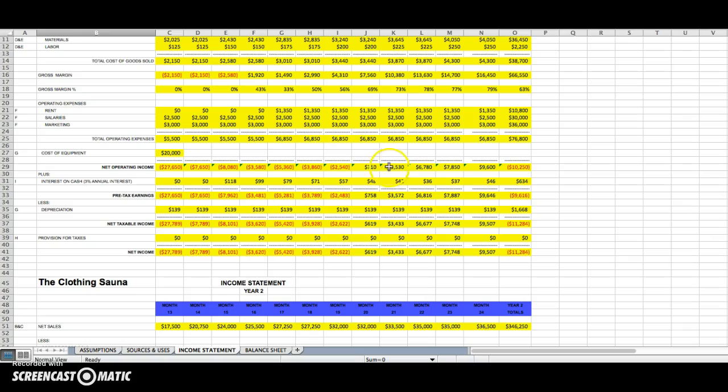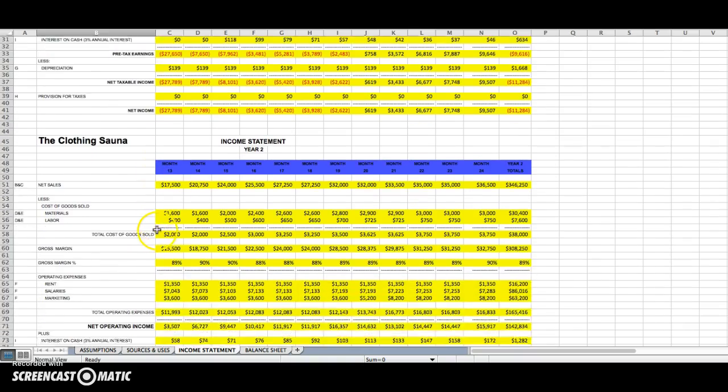But from then on out, we see an increase due to the increase in sales. And then down below our net income, again, it just breaks it down. Instead of the net operating income, we have our net income. And then it shows where it continues to decrease, and then we see where it gets to be positive.